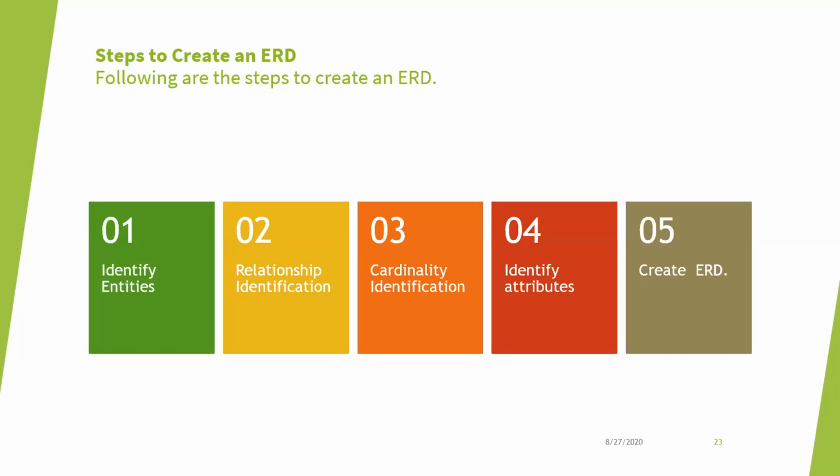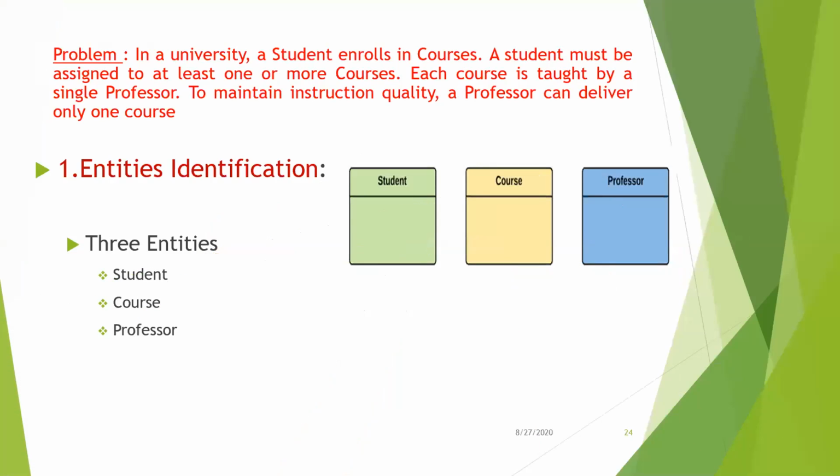So try to understand these 5 steps: entities identification, relationship identification, cardinality identification, identify attributes, create the entity relation diagram.